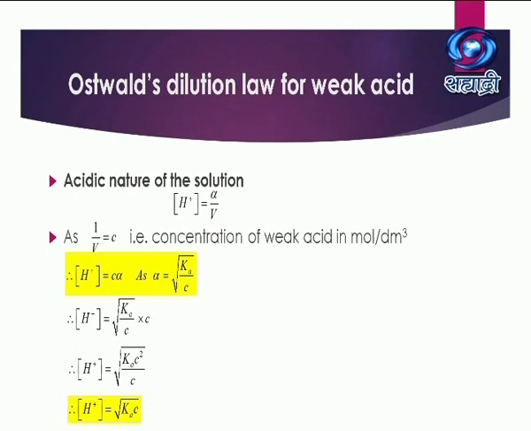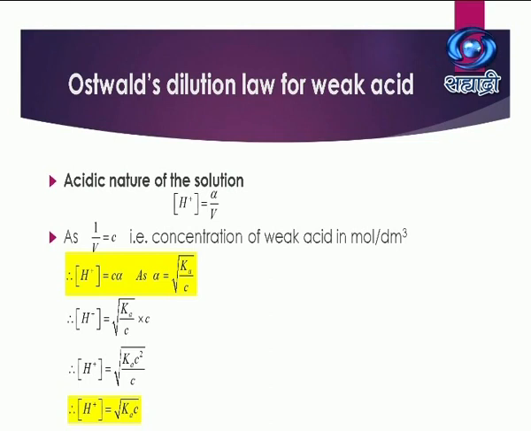So the actual H plus ion concentration can be calculated as C into alpha. But according to the earlier derivation, that is Ostwald's dilution law, we saw that alpha is equal to under root Ka upon C. So substituting in this case, active mass of H plus is equal to under root of Ka upon C into C. Now this C I have taken inside, that becomes a square, and finally the expression becomes active mass of H plus is equal to under root Ka into C.